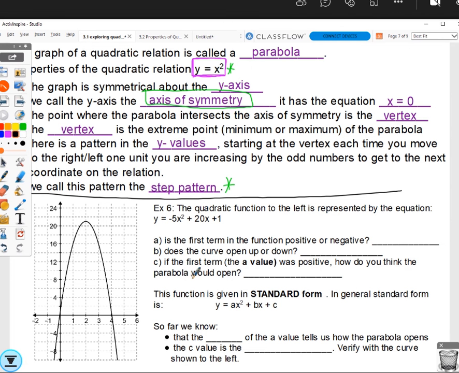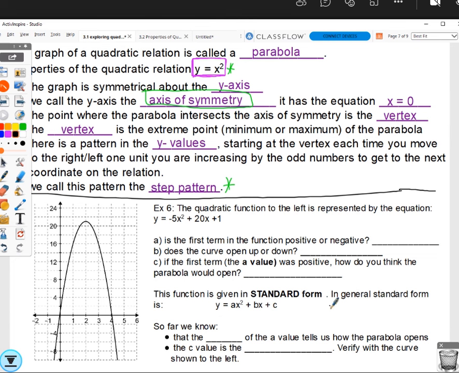Okay, let's have a look at this bottom example here. I cut the page off with this line. It says the quadratic function to the left is represented by this equation: y equals negative 5x squared plus 20x plus 1. Kind of nasty. First of all, it says, is the first term in the function positive or negative?